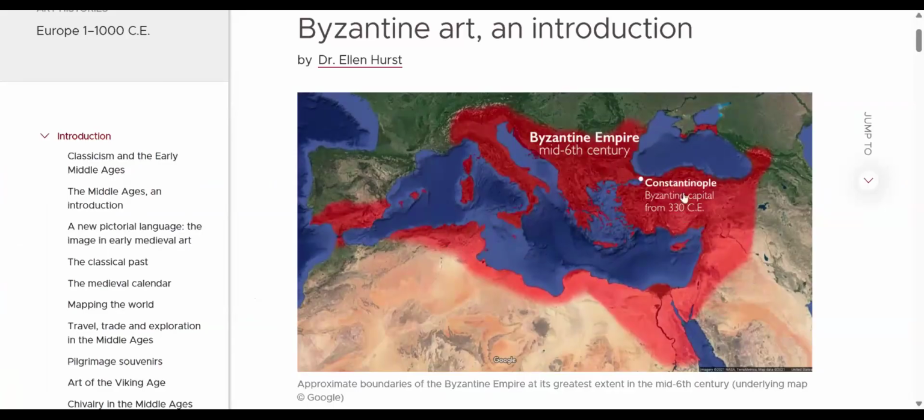This is primarily the Byzantine Empire, but they're interacting with Europeans, they're interacting with Muslims. This is the primary crossroads between China and Europe. A lot of wealth is moving through here, and because of that, I think congregations had money to get things like icons, which is very important.